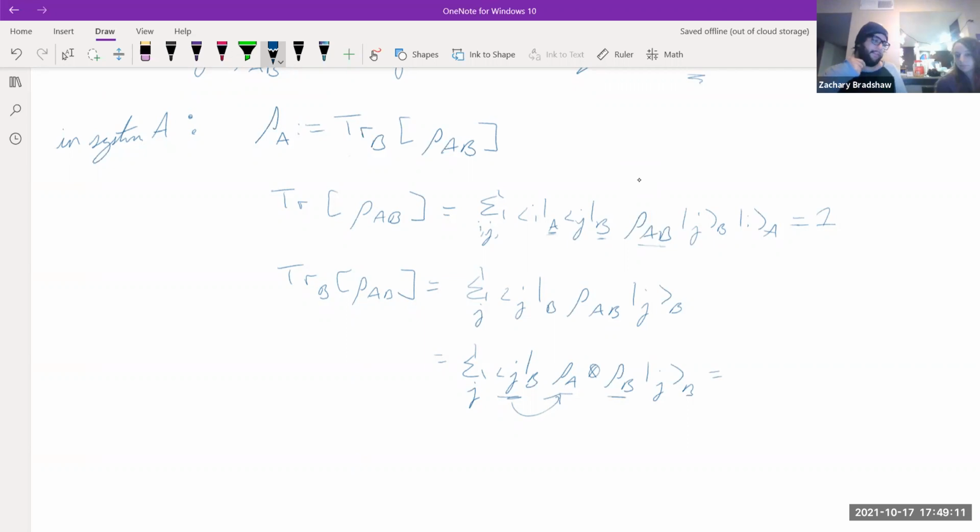So you have to write it as row AB is a sum, with some probability P. I'll put the index in a second, but there's a system A, I1, I2, then you tensor J1, J2, and this depends on I1, I2.